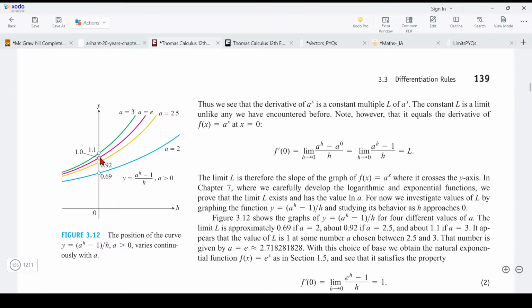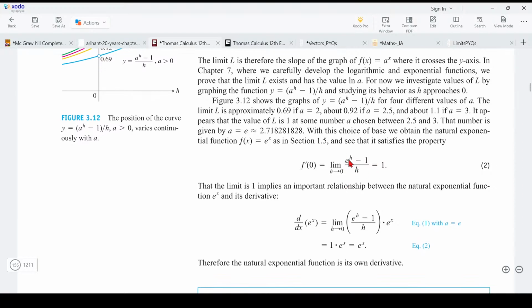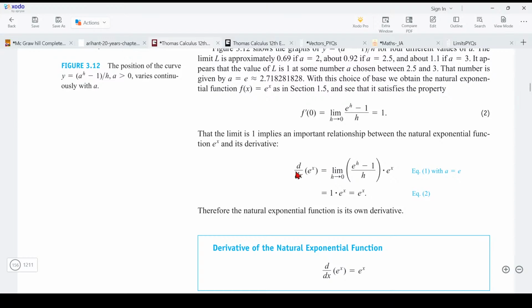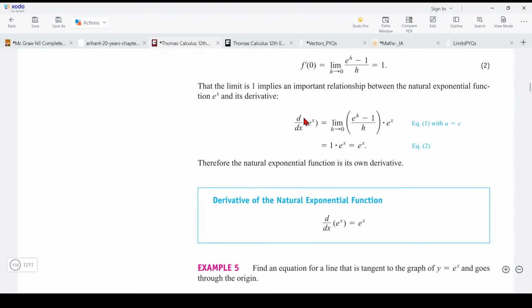If a is e, we are approaching that number 1. So e power h minus 1 by h is equal to 1. That's why d by dx of e power x is e power x, where the constant is actually equal to 1. That's the beauty of this number e.